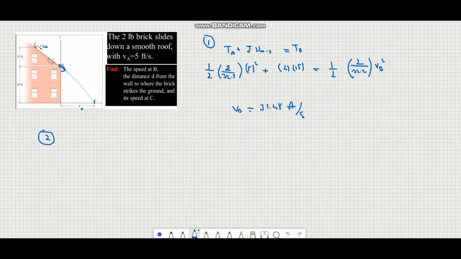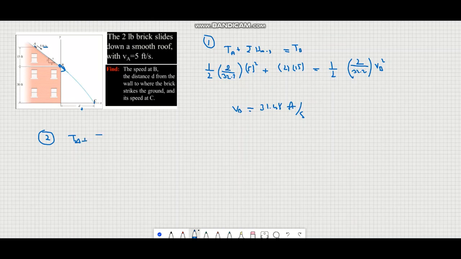So let's go to the second stage. Our second stage is from A to C, because we already have the same procedure. Instead of 15 we can use 30, and we can do the same procedure.